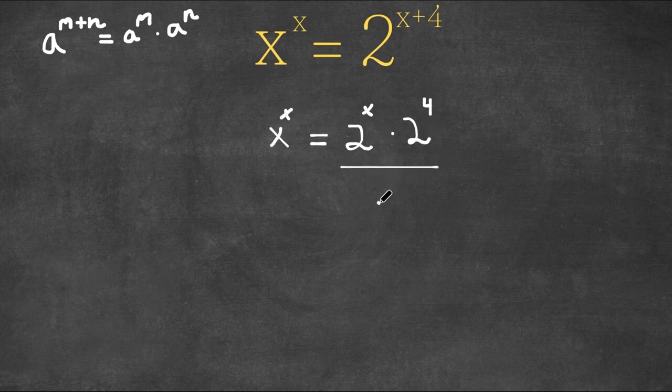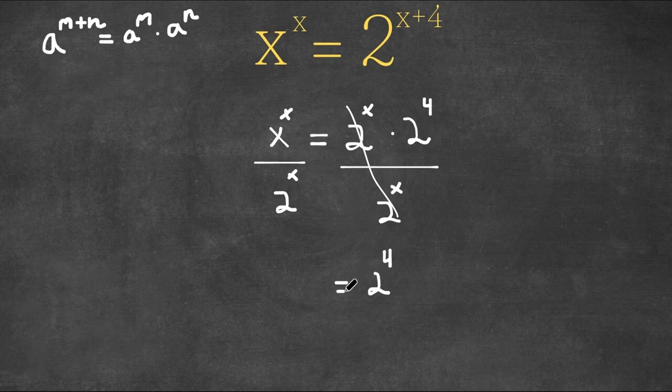Now I'm going to divide both sides by 2 to the power of x. So for our right side here, these two cancel out, and we would just be left with 2 to the power of 4.